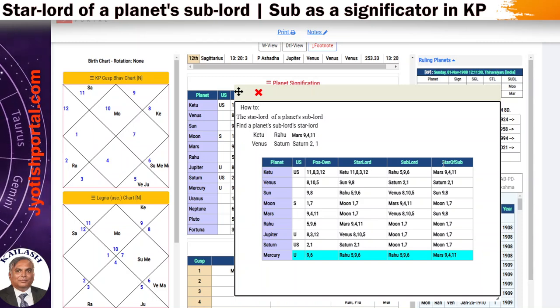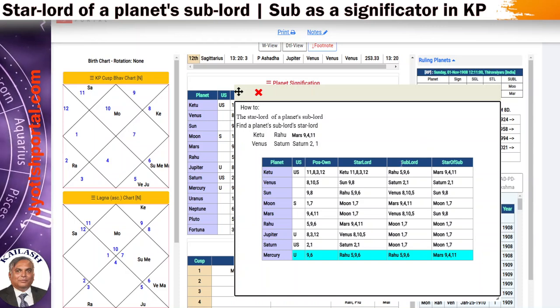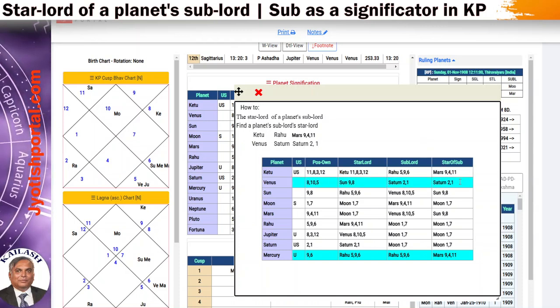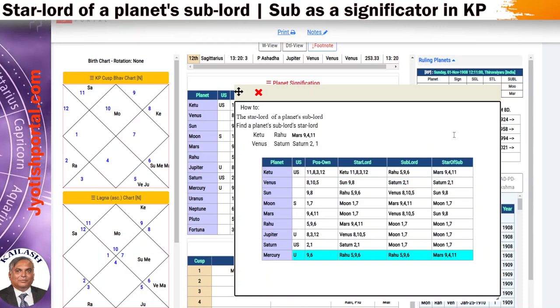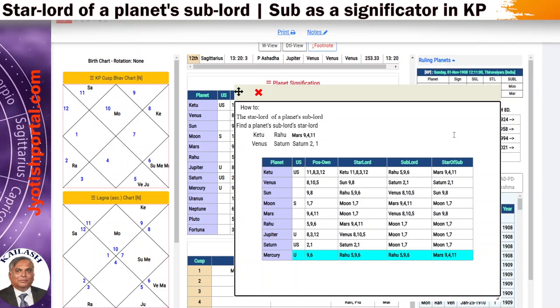I will share why I don't follow it, but you have to understand why this particular concept came into the picture. And another very important thing for you to note is that this particular layout, where the sublord is used as a significator, is from where this whole four-step theory concept evolved.